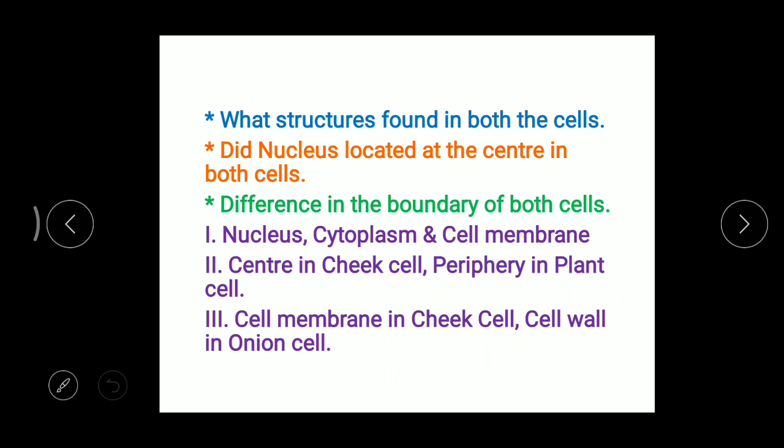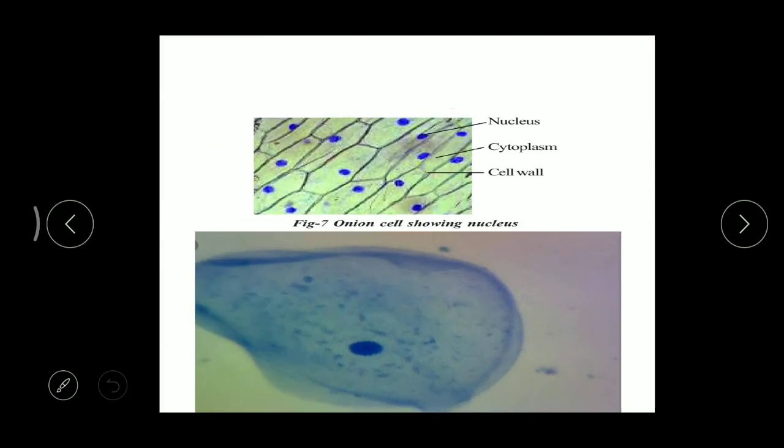What structures can we find in both these two cells? When we observe these two diagrams very carefully, we can find the nucleus. See here, in the cheek cell we can find a nucleus, and here also we can find red, dark blue colored structures.